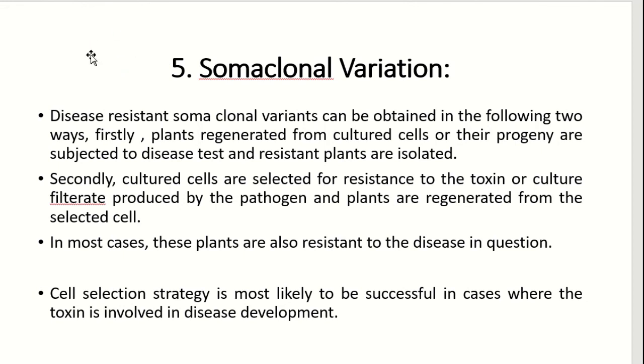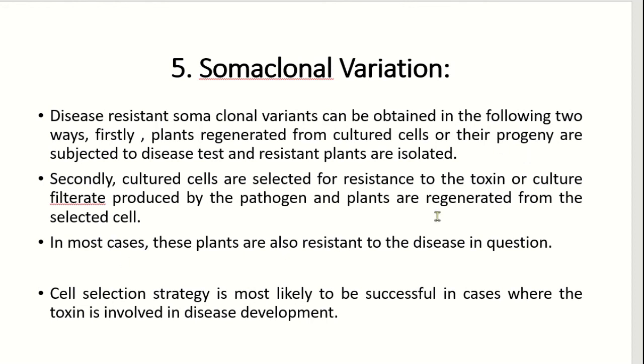The propagating callus will be subjected to a disease resistance test by providing stress. Screening for the disease is done, and the resistant plant will be selected as a disease resistant variety. Secondly, the cultured cells are selected for resistance to toxin or culture filtrate produced by the pathogen, and plants are originated from the selected cells.